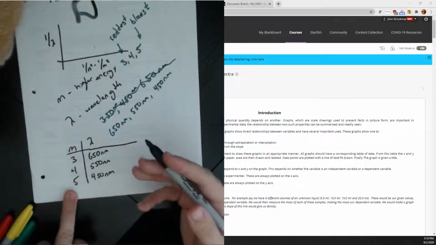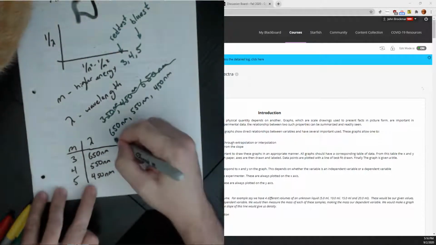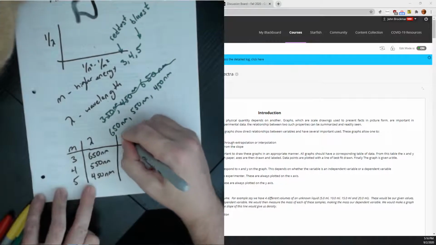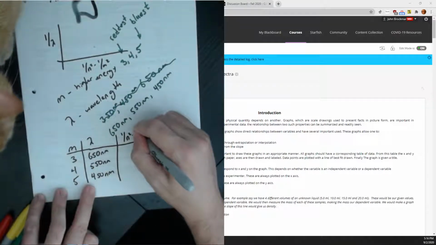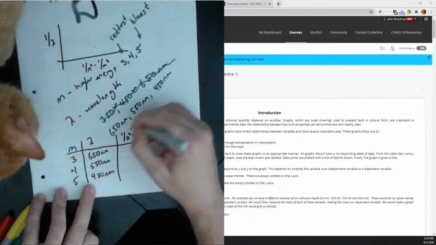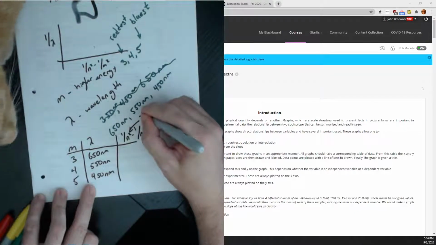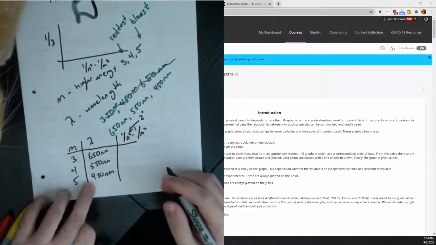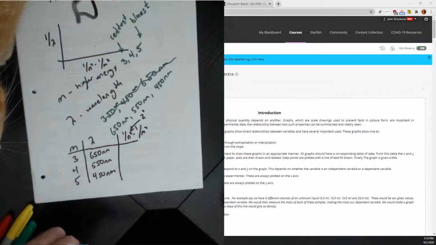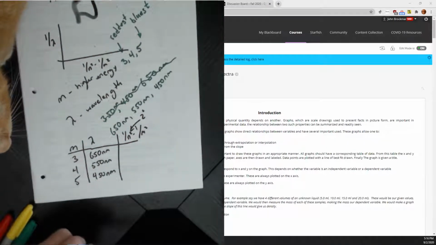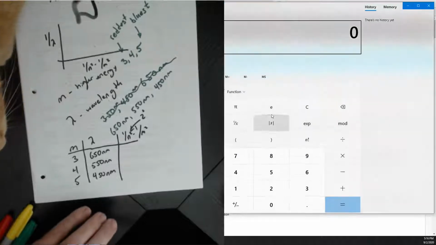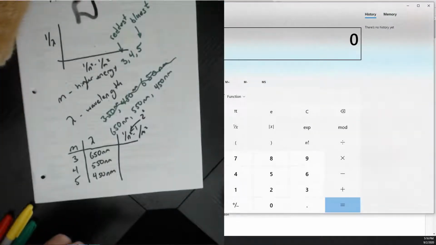So 1 over n squared minus 1 over m squared, where n will always be 2. So you're looking at 2 squared. All right, so let's bring up calculator real quick. All right.